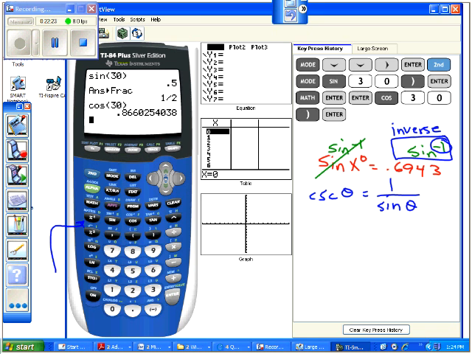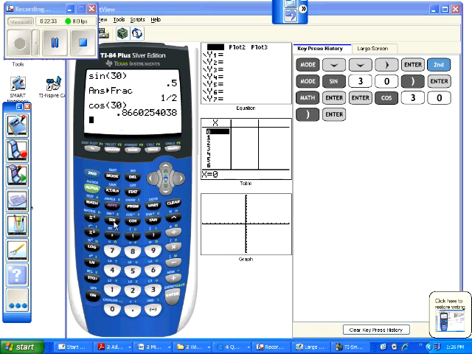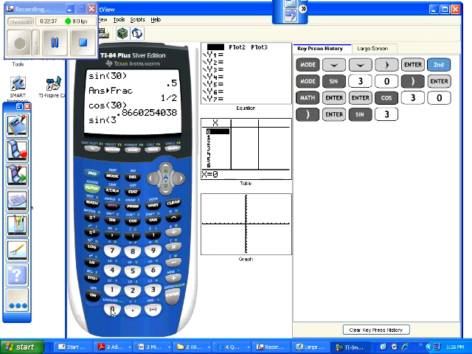So let's just see if we can do reciprocal sine 30 and end up with 2, okay? So we're going to do sine 30 degrees, but we want the reciprocal. See if that works.